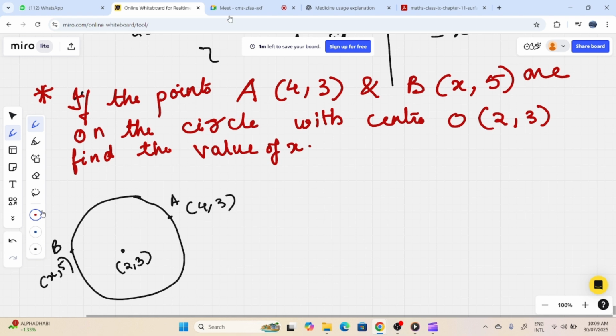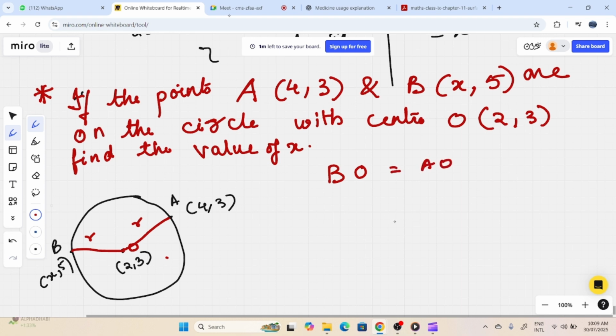Guys, now look at this carefully. If this is my diagram, is there any relationship between BO and AO? Radius, they both are equal. They both are radius. Very good. So BO is equal to AO.